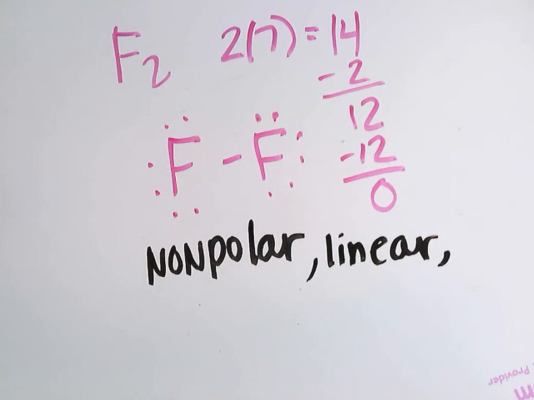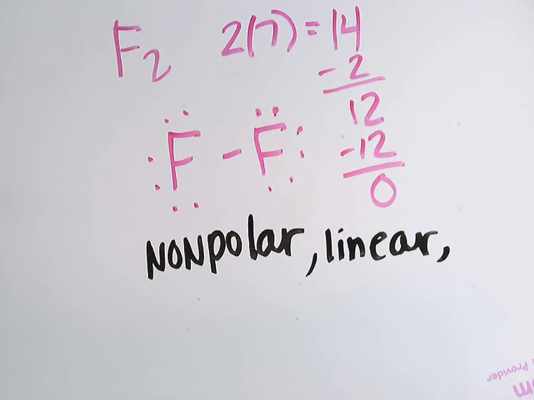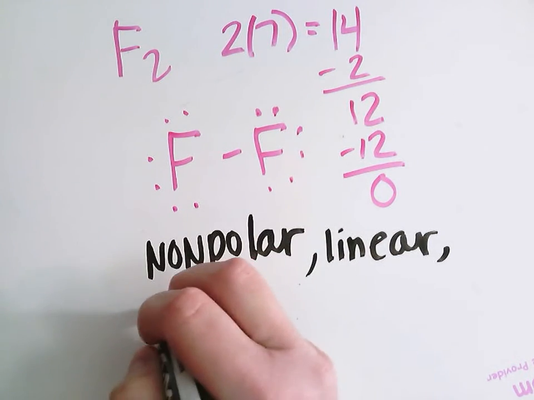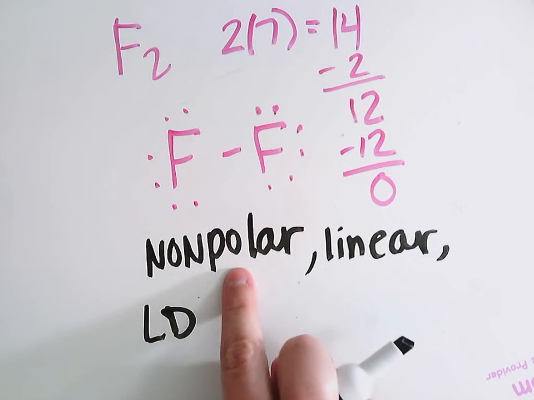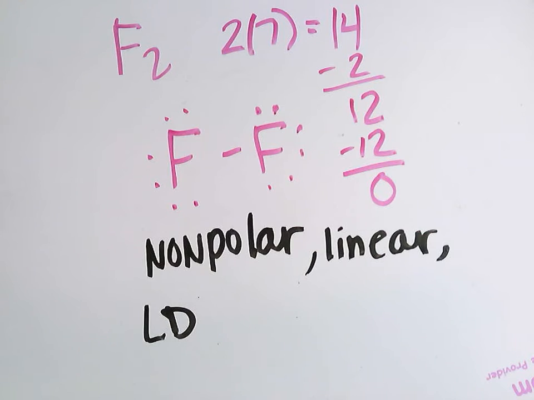And then we need to talk about what intermolecular forces there are. If you draw a molecule, it automatically has London dispersion. I abbreviate London dispersion LD. Dipole interactions has to be polar. Dipole, 2 poles. Since this is a non-polar molecule, I cannot have dipole.